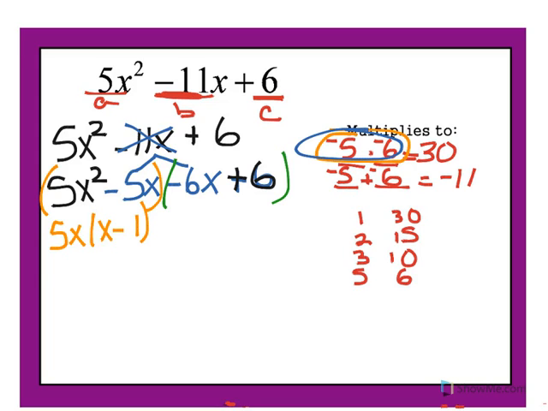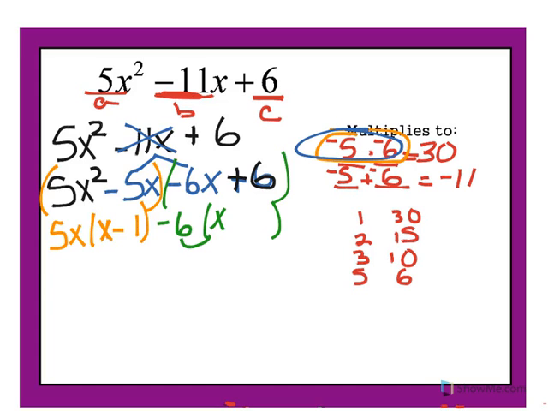Looking in green parentheses, the biggest number that goes into 6 is 6. And I'm going to pull out a negative 6. The reason is when I do my parentheses, I need it to match what's in my yellow parentheses. So the only way to get a positive x here to match this yellow positive x is to pull out a negative 6.